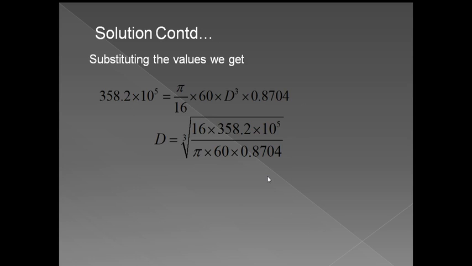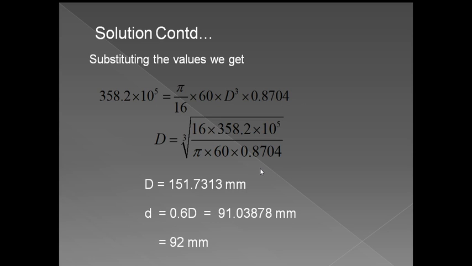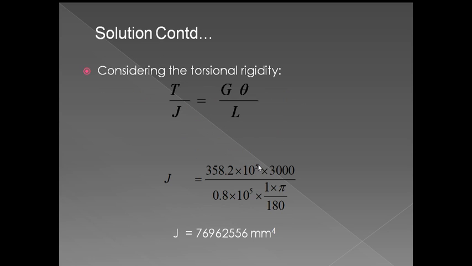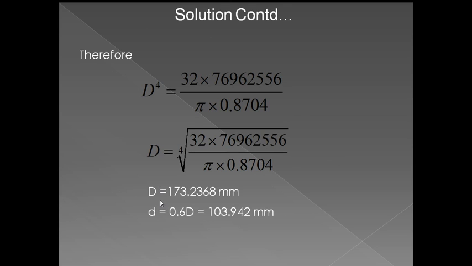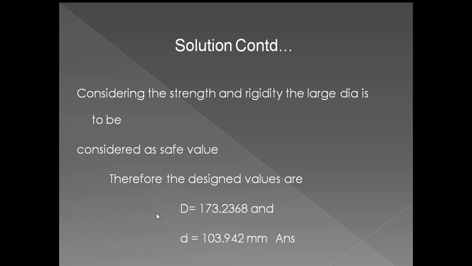From this you can find the capital D directly, and small d. When considering the torsional rigidity, T by J equal to G theta by L is the important one. From this the unknown value is J, where J is pi into (D power 4 minus small d power 4) by 32. From this you can find the capital D value and small d value.